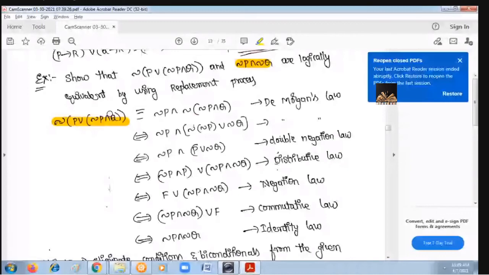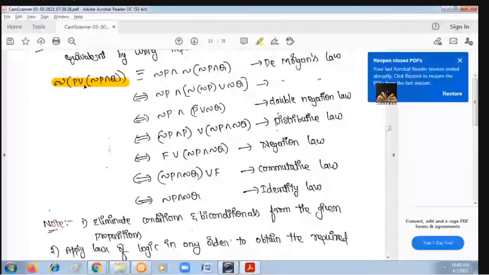Next, you will apply De Morgan's law or the distributive law. Here you have a negation to the whole term. Therefore, by using De Morgan's law, you can apply that negation to the individual variables within the braces. Then it becomes negation P. When you are using De Morgan's law, the or symbol will change to and, and negation of this whole term, that is negation P and Q.